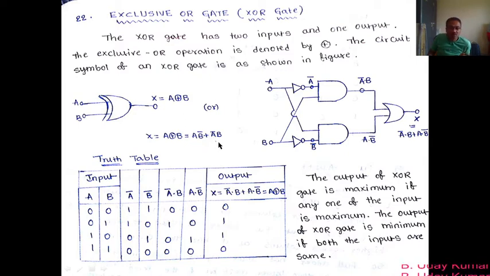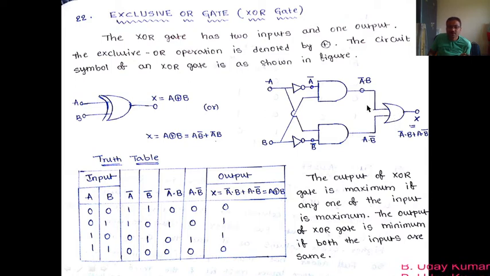Now let us try to understand how we got this circuit symbol from this logical equation. This is also called the logical equation, and you can say this is the logical symbol too. From the logical equation, how do we get that? At the end finally there is a plus here, so we have an OR gate here. What is the output of an OR gate? The output of an OR gate is nothing but the sum of the inputs.